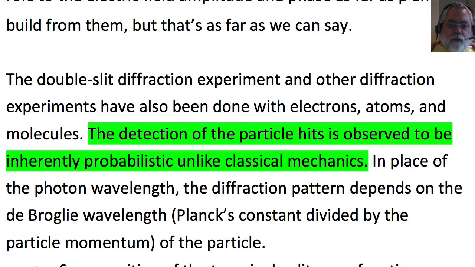In place of the photon wavelength, the diffraction pattern depends on the de Broglie wavelength, which we covered earlier, Planck's constant divided by the momentum of the particle, for particles with mass, like electrons and atoms.